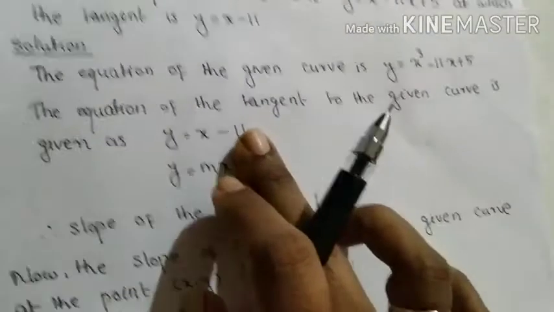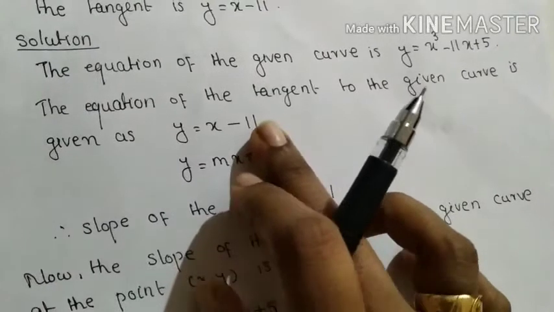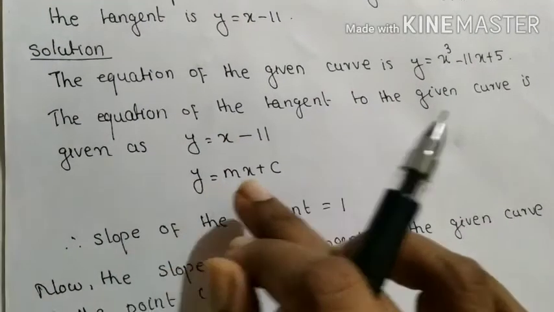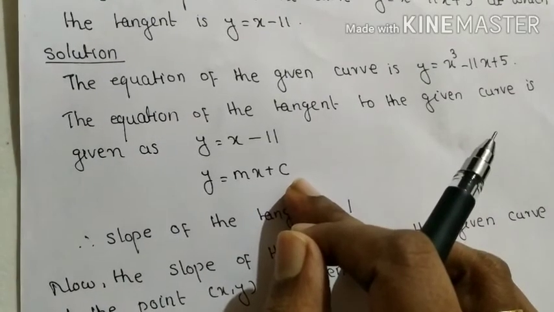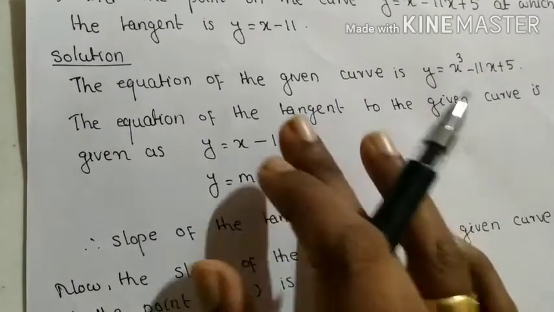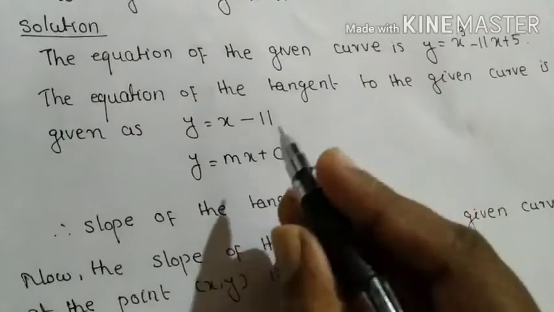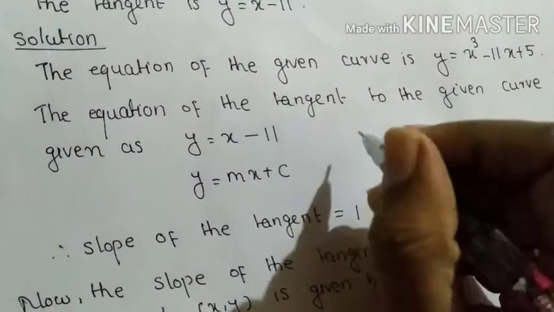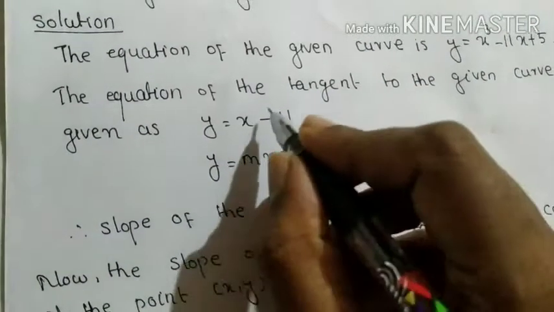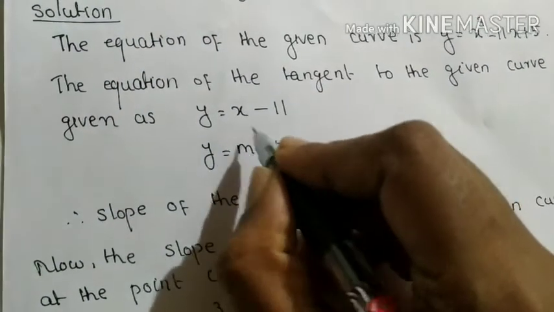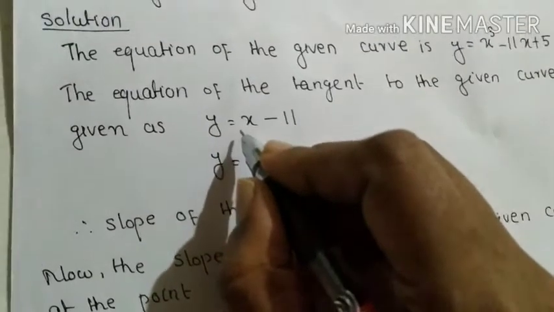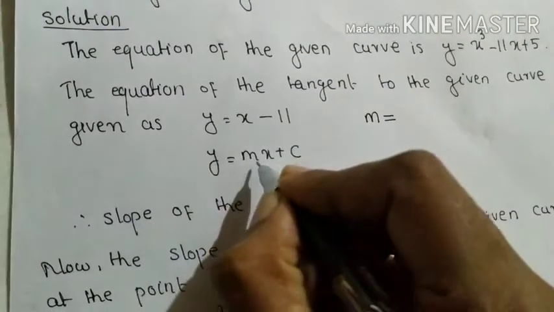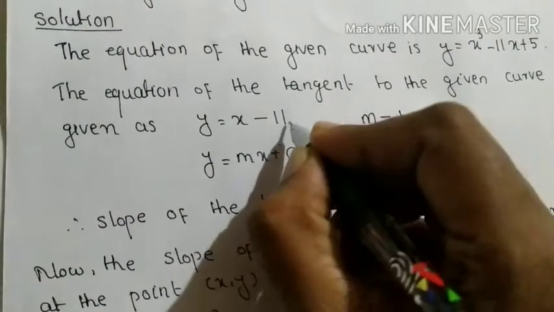Okay. And if you observe this equation, this is in the form of y equal to mx plus c, equation of a straight line. So comparing these two equations, we know that here m is slope, right? So, comparing the coefficient of x, m is equal to 1 here.